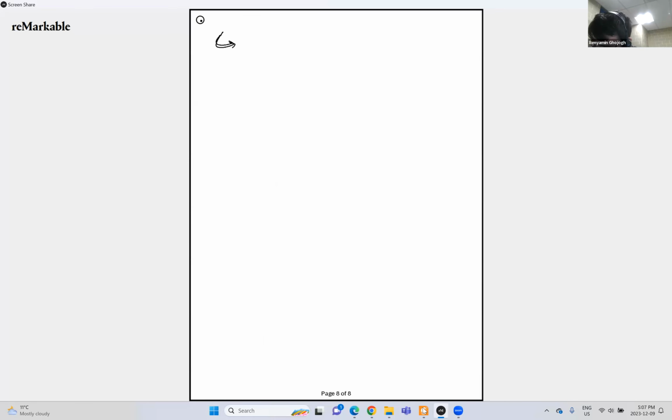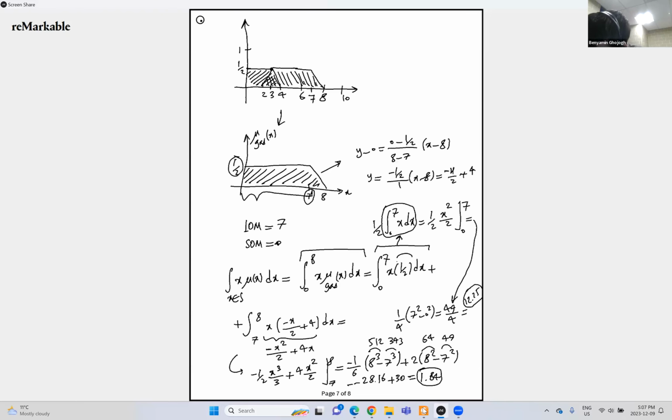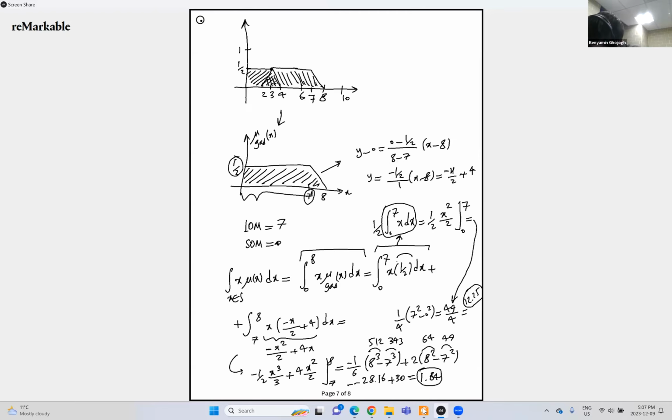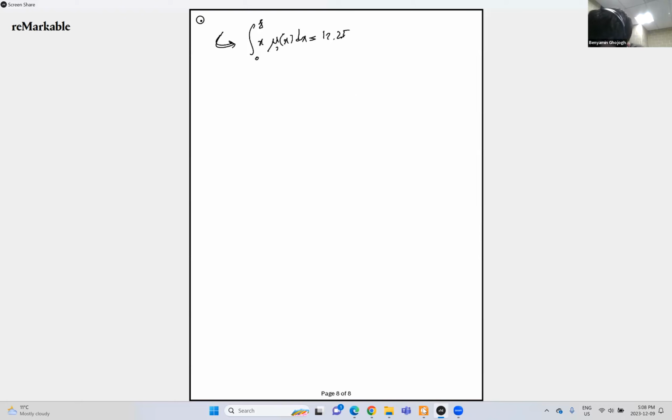So then the integral of x mu x dx becomes 12.25 plus 1.84.